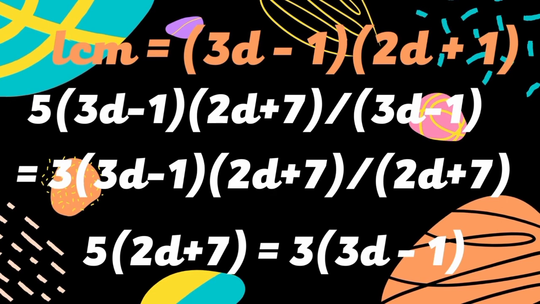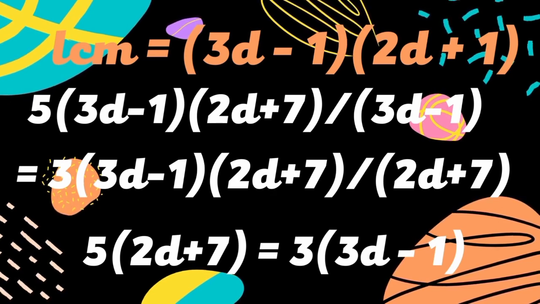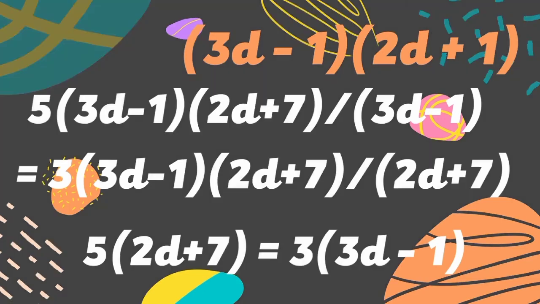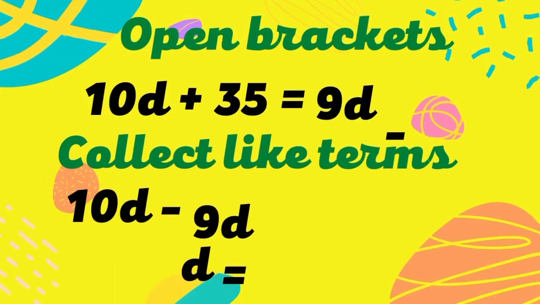Always pause the video if you are not clear with the explanation. So now we have gotten the LCM as bracket 3d minus 1 bracket 2d plus 1. So we multiply every term in that equation by the LCM. And when we do that, we now have 5 bracket 2d plus 7 is equal to 3 bracket 3d minus 1. At this point, we'll have to open our brackets.